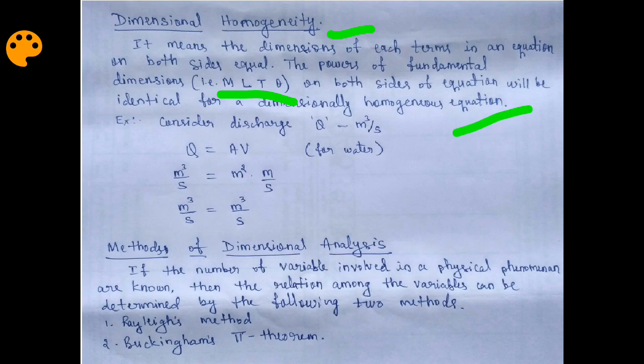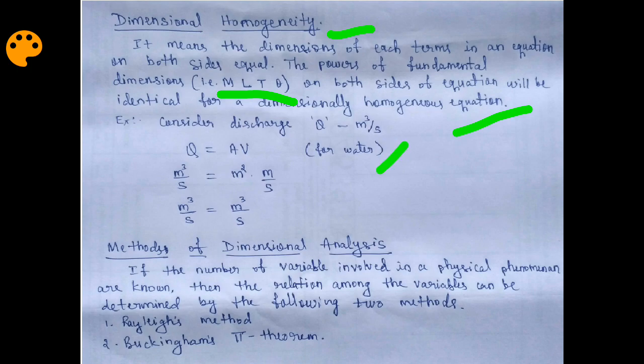For understanding, we'll consider Q equal to A into V, which is the discharge equation. This is for an incompressible fluid like water flowing in a pipe, where A is area, V is velocity of the water, and Q is discharge.